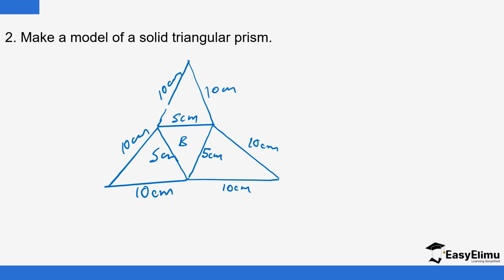So you have a triangular pyramid. You change this to pyramid instead of prism. So that will help us form the model of a pyramid.